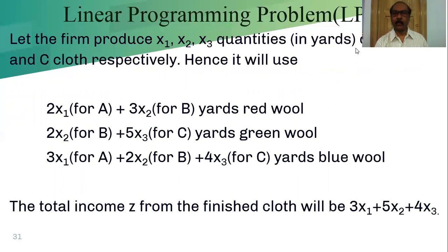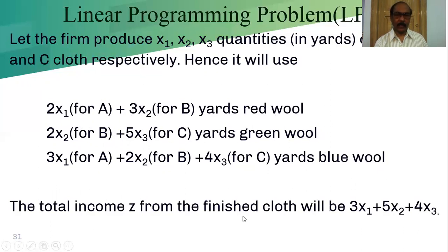Hence it will use 2x1 for A and 3x2 for B yards of red wool, 2x2 for B and 5x3 for C yards of green wool, and for the blue wool 3x1 for A, 2x2 for B and 4x3 for C yards of blue. So these are the consumption of the red wool, green wool and the blue wool.